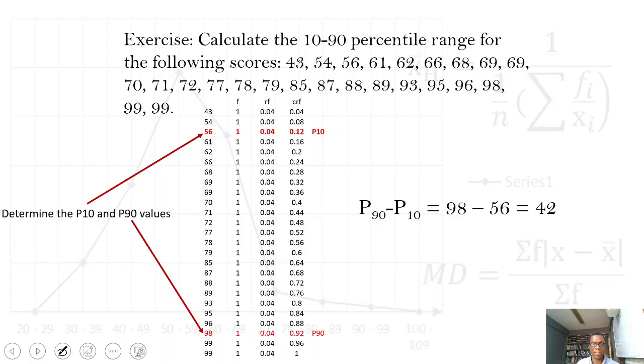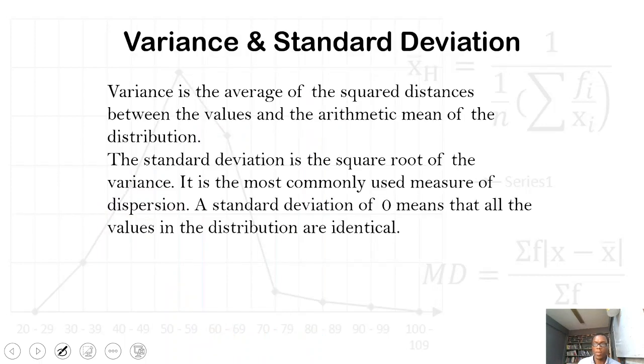P90 in this case is 98 and P10 is 56, and so the 10 to 90 percentile range will be 98 minus 56, which is 42. So that's how to calculate the 10 to 90 percentile range.